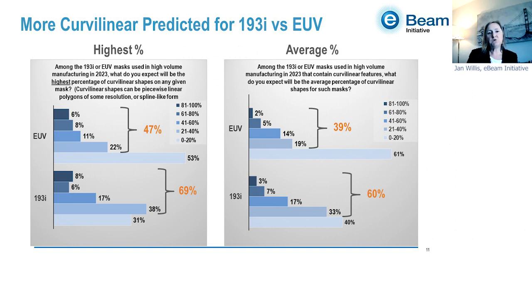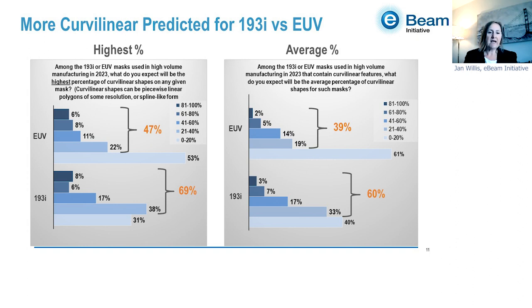The first two questions were very similar, and it led to a somewhat complicated chart. So let me explain. What we were looking for in having two very similar questions was whether there would be a difference in the trend between the responses for EUV and 193i, as well as whether there would be a different perspective on the highest extent to which curvilinear shapes would be used on mask versus the average.